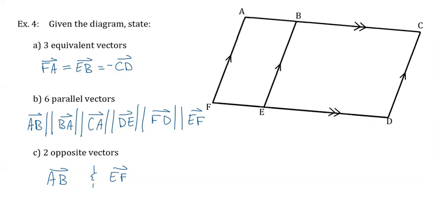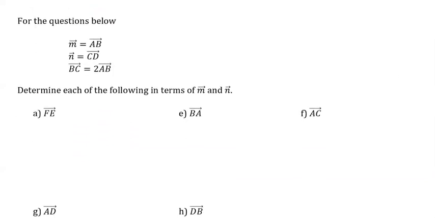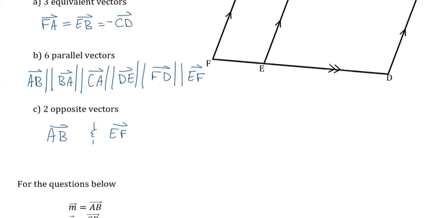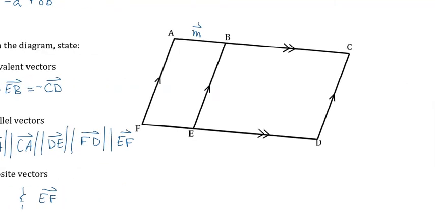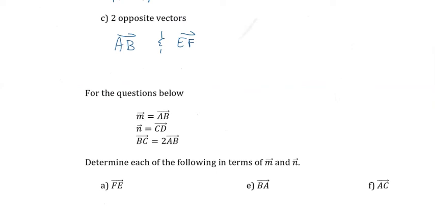So the first few are easy. F to E would be what? M. Because it's the same as AB, so it's M. What about BA? Negative M, because this is like negative AB, so that's negative M. You don't have to do these in 2 steps.